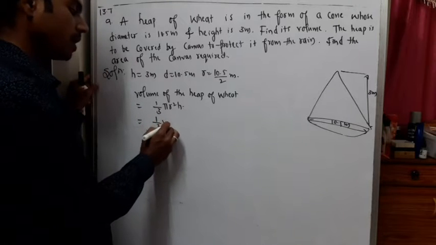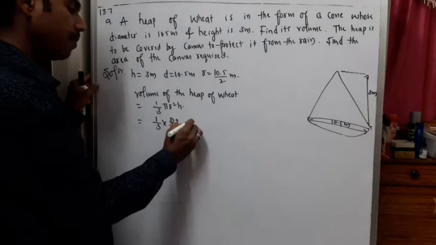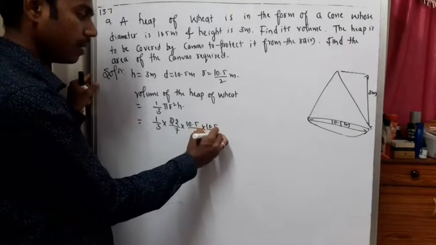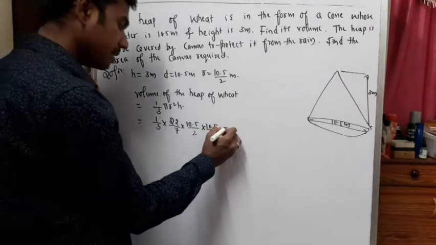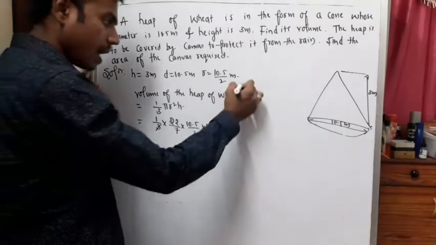For pi they have not given, we need to substitute it as 22 by 7. What is r? 10.5 divided by 2 into 10.5 divided by 2. What is h? H is nothing but 3. This 3 will get cancelled.